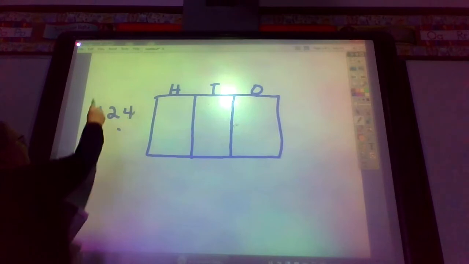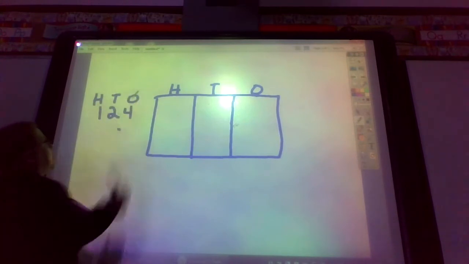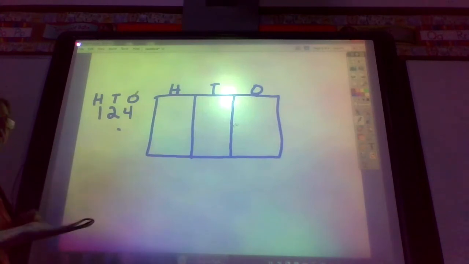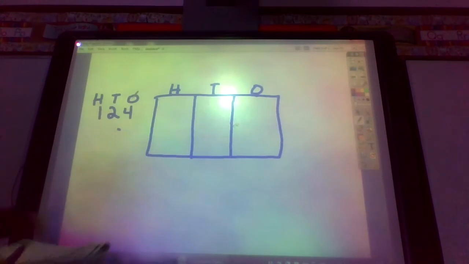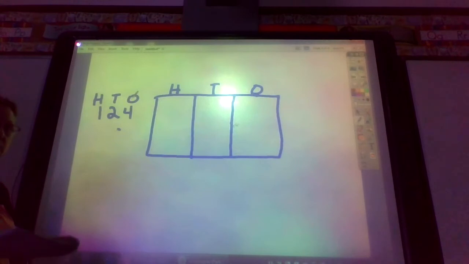Don't write it really big because we're going to use our chart for multiple numbers. So I hope you made a pretty good sized chart. If not, you can fix it.